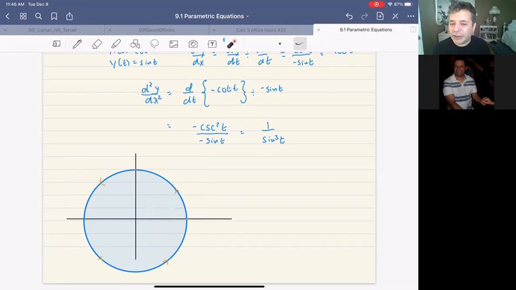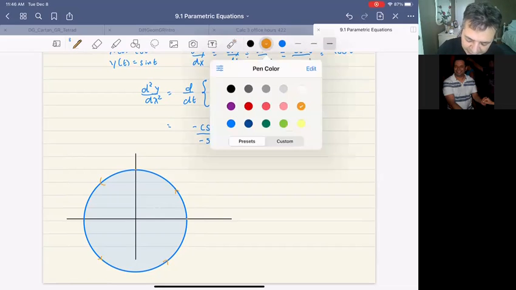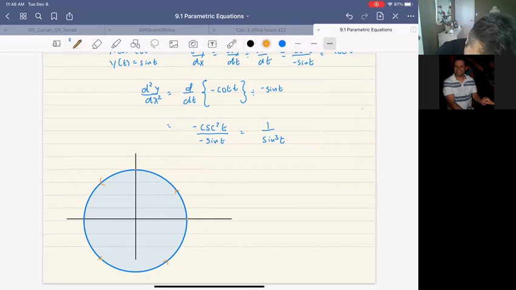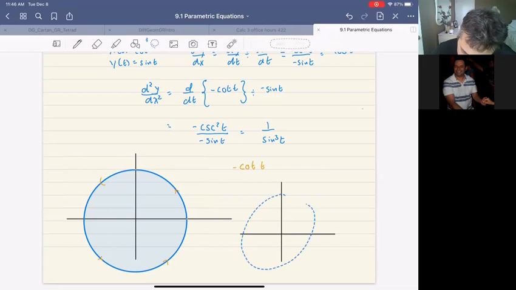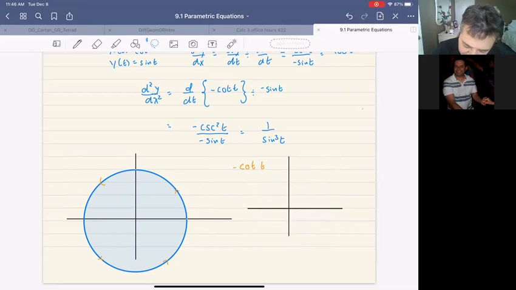So let's look at that from a chart perspective. Our derivative is negative cotangent of t. Let's see what that looks like. Again, it has asymptotes at 0 and pi. Let's just do the first bit.